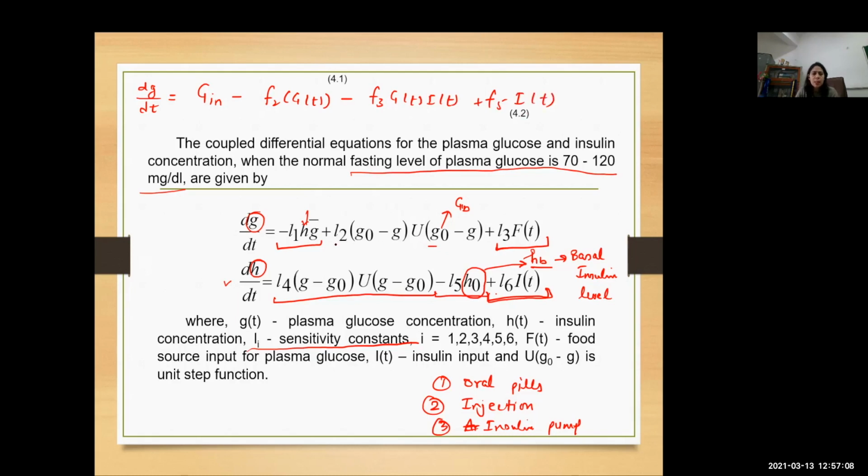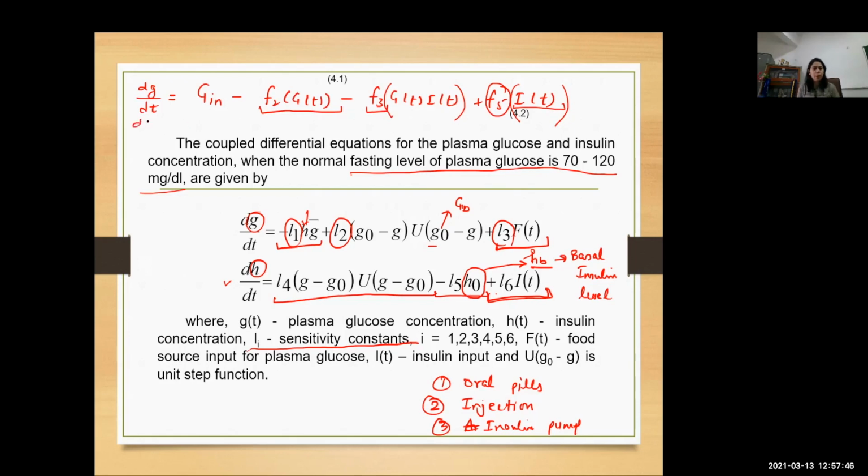In this one, instead of L1 and L2, we have F2 GT and F3 GT IT. So this is a function of GT and IT. Similarly, instead of L3, we have F5, and here we have IT, because the changes in the glucose level will happen because of the occurrence of insulin.